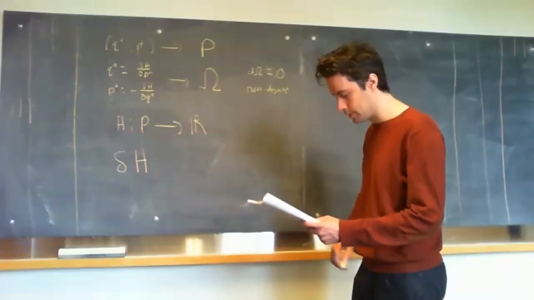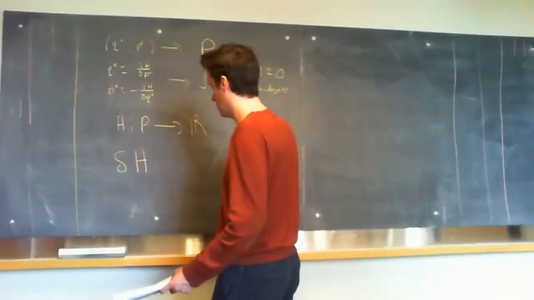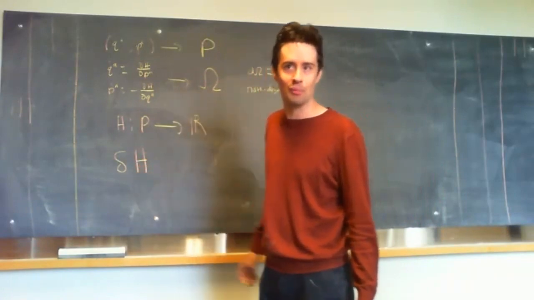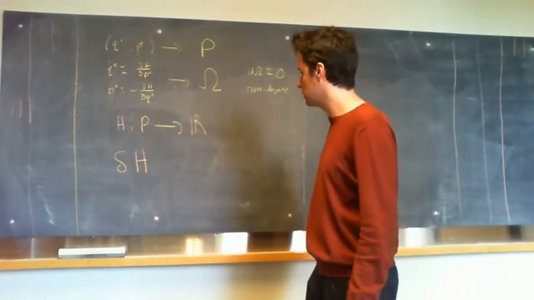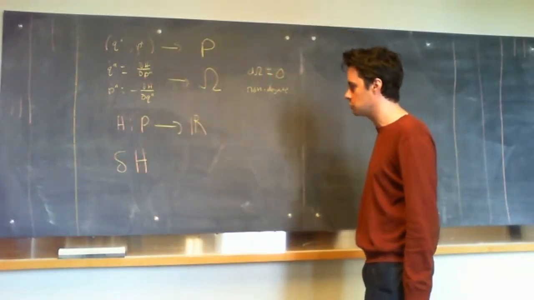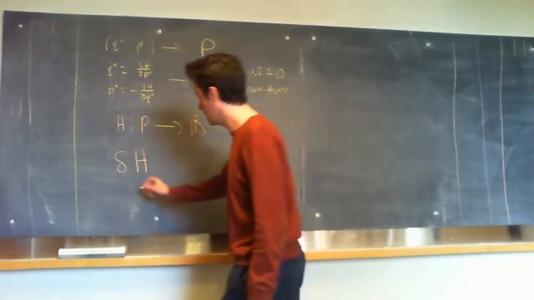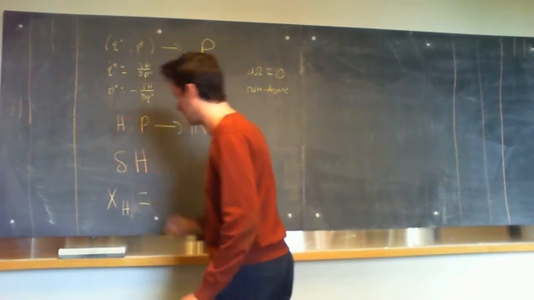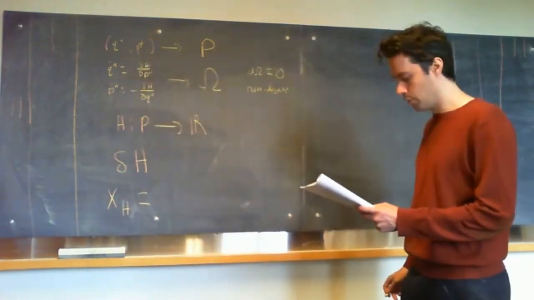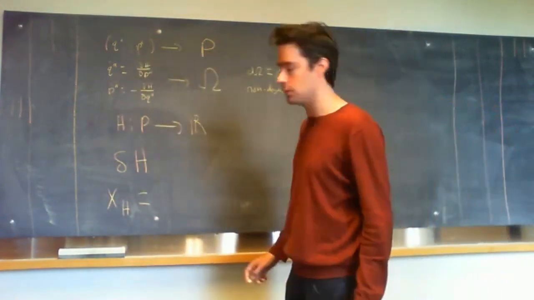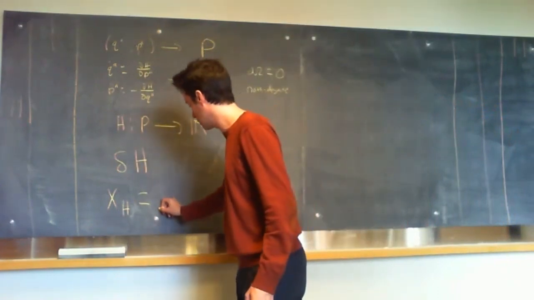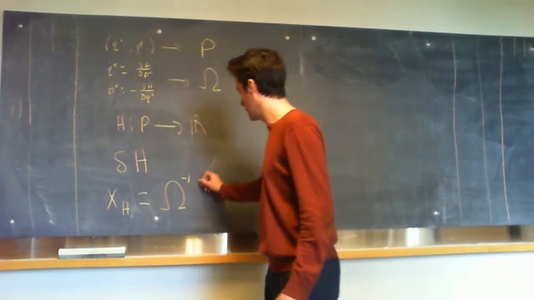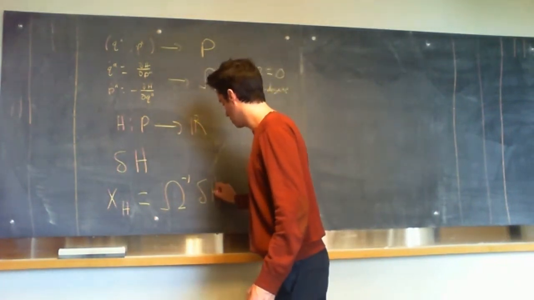But to get a vector field, I have to somehow raise the index of the one form. That's what the symplectic form is good for. That's its purpose in life. Given H, I can define a vector field, which I'll call X_H, where, being a little bit careless about the sign since the details don't matter for this talk, we take omega inverse and then act on delta H.